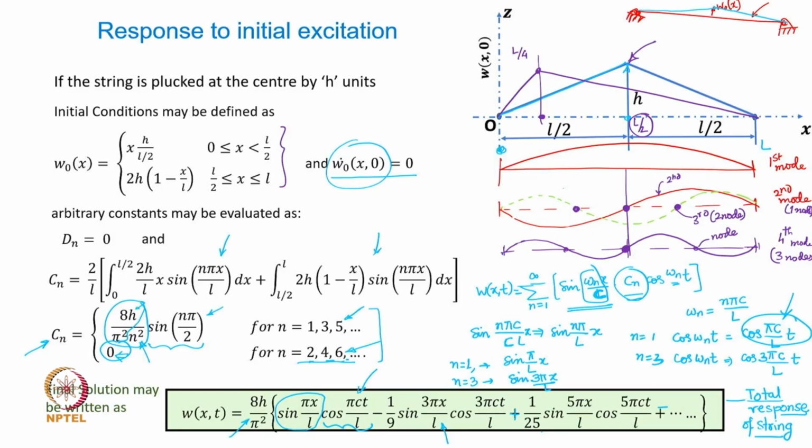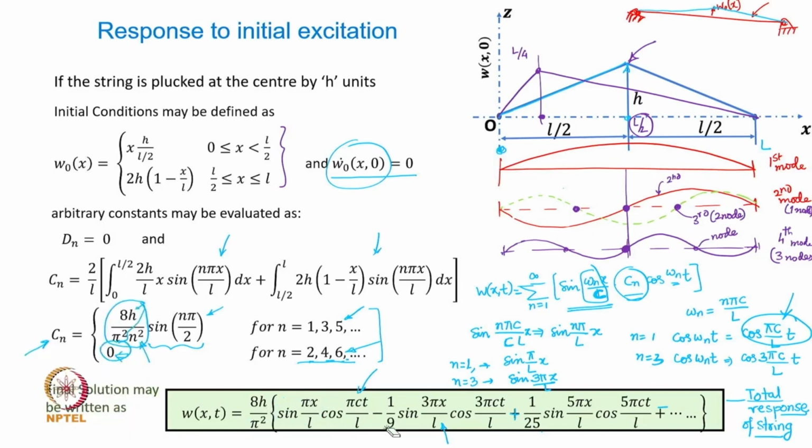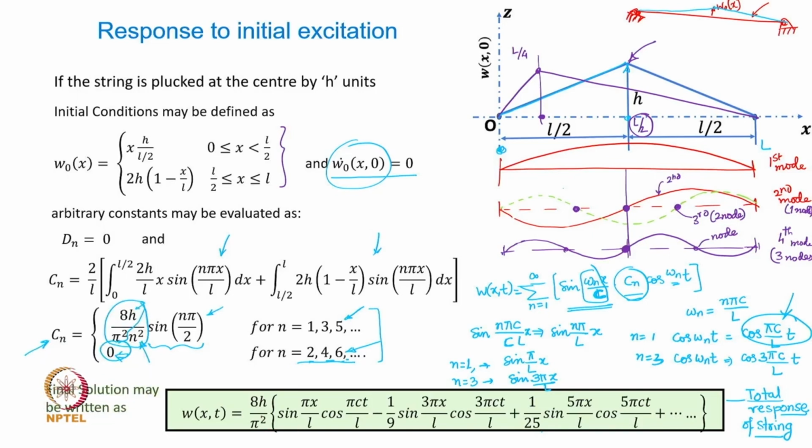Okay. What is also interesting is look at the amplitude of each of the participating modes. Okay. What do I mean by that? Look at all these individual expressions. This is of course the common multiplying factor. So we will look at each of these. This is the first mode, right?